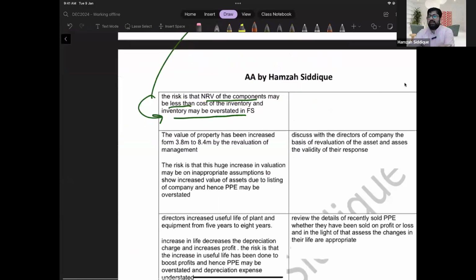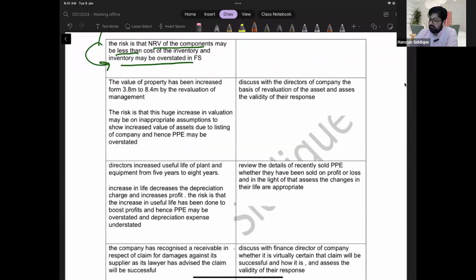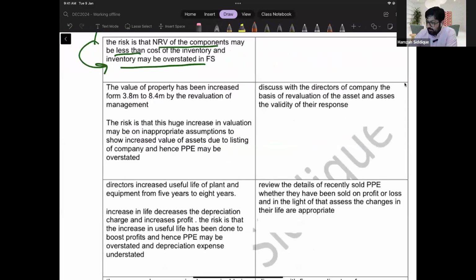Next, the value of property has increased. Now, the risk is that this huge increase in value may be due to inappropriate assumptions, to show increased value of assets for the listing.